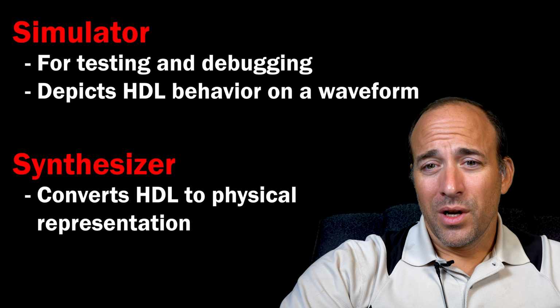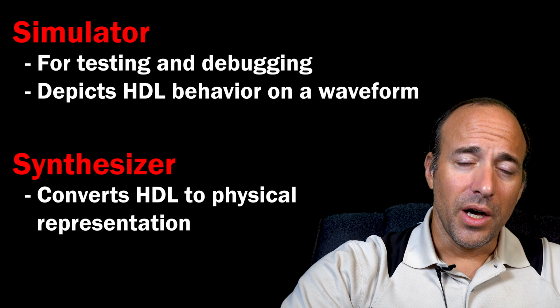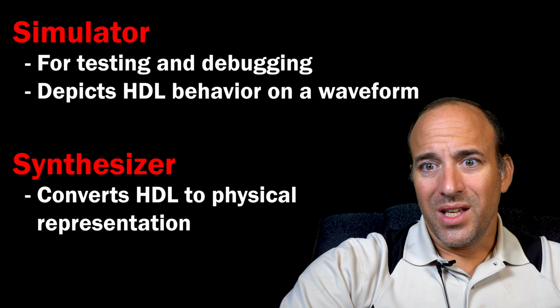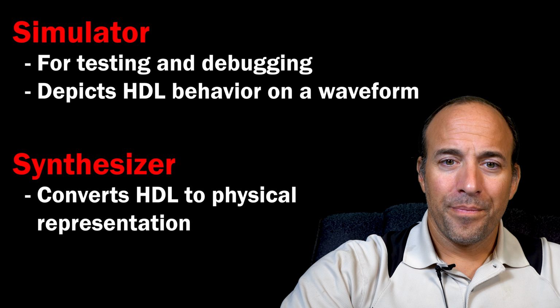HDLs were originally designed to describe logic behavior and structure in a more abstract way than using Boolean logic, truth tables, and schematics. Soon after the languages were developed, simulators were developed that allowed for verifying the correctness of designs in the HDL.